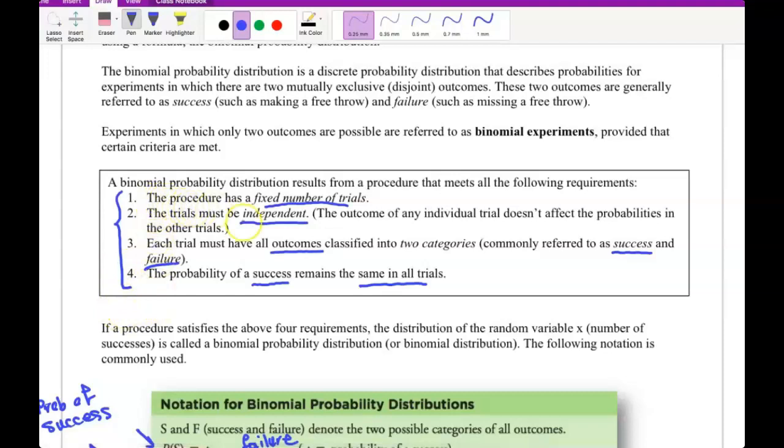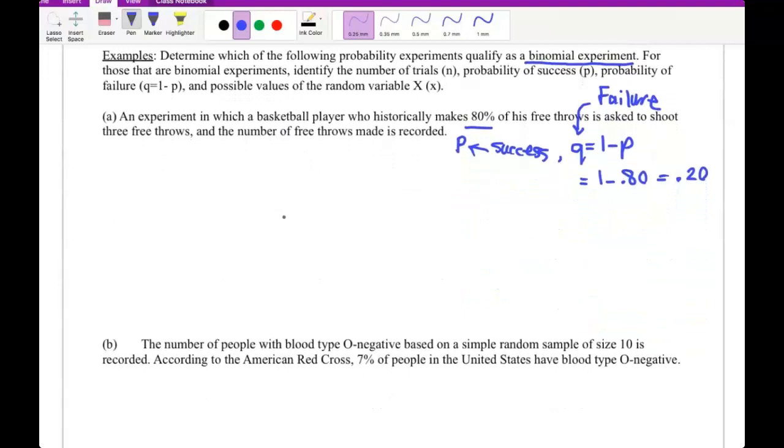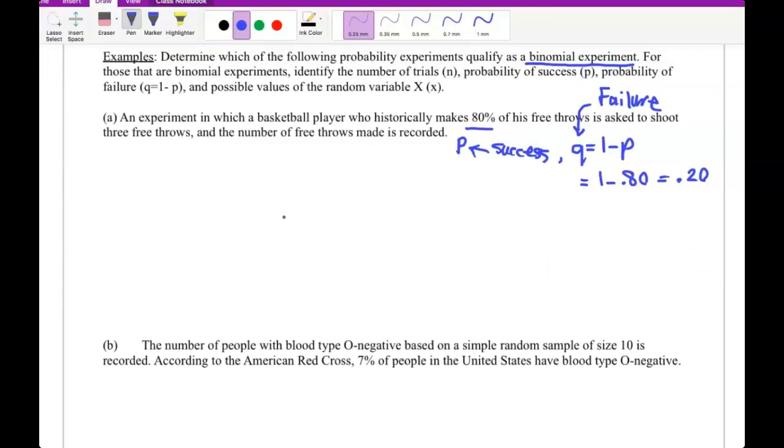The first one, the procedure should have a fixed number of trials. So he had 3 free throws, and that is N. So the first step, we have a fixed number of trials.